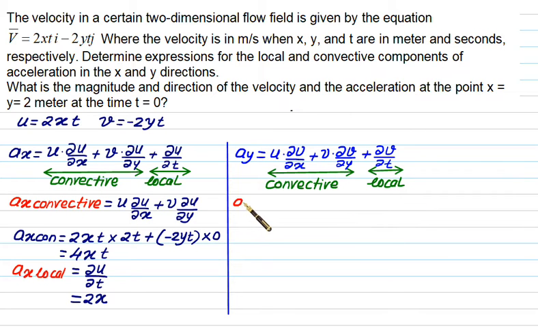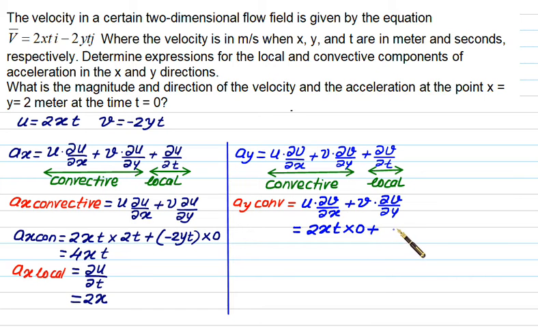So we first calculate the convective acceleration along the y direction, u ∂v/∂x + v ∂v/∂y. We have u = 2xt, the partial derivative of v with respect to x is 0, v = −2yt, and the partial derivative of v with respect to y is −2t.